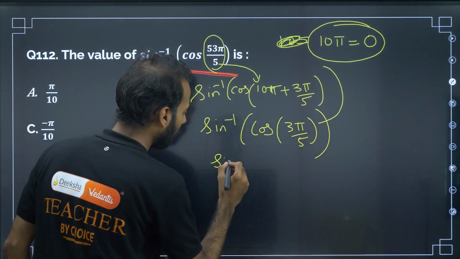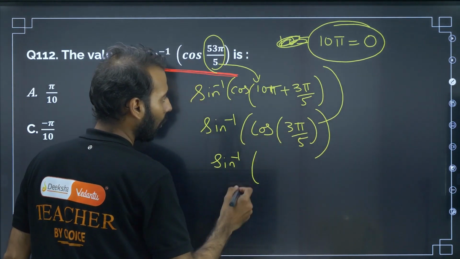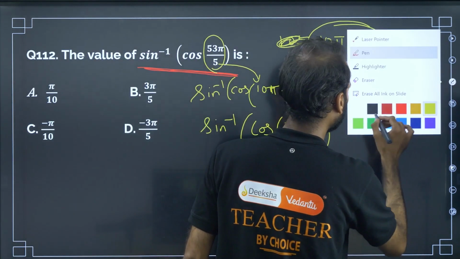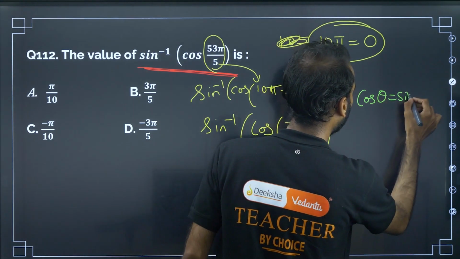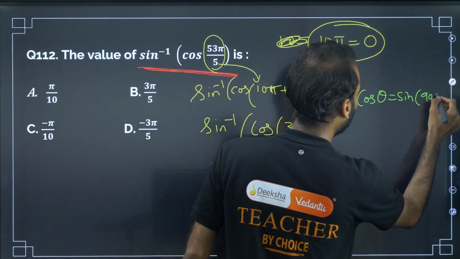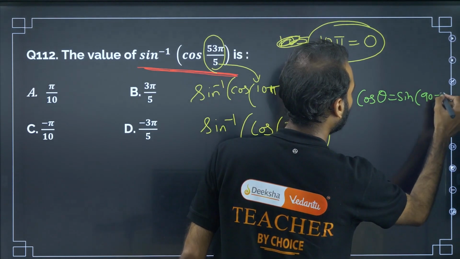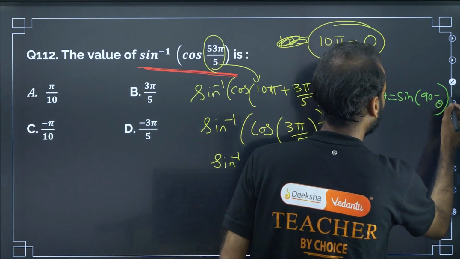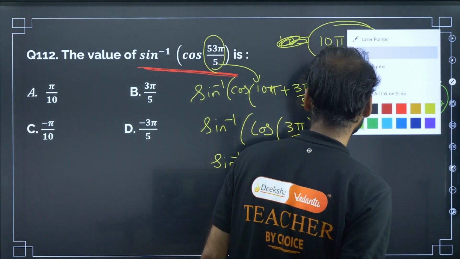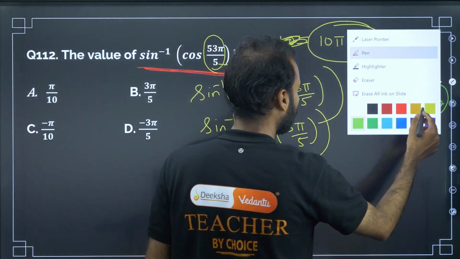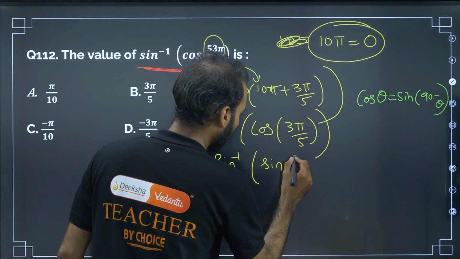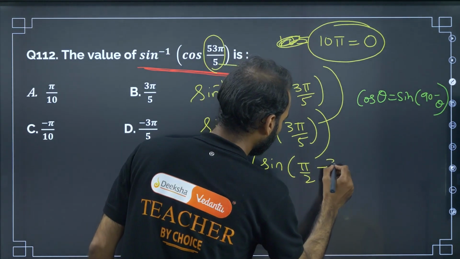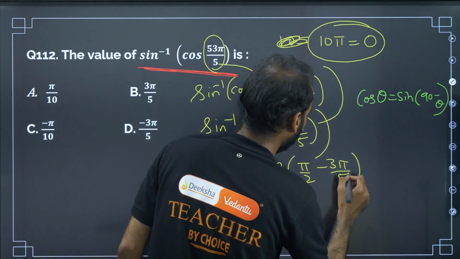Next, sine inverse of cos theta. In one of my previous videos, I already said cos theta is equal to sine of 90 minus theta. Take this as a synopsis point. Now what to write for this? Sine inverse of sine of pi by 2 minus 3 pi by 5.